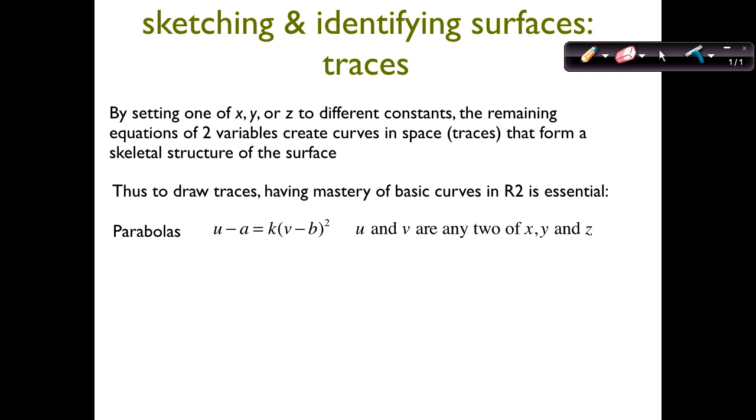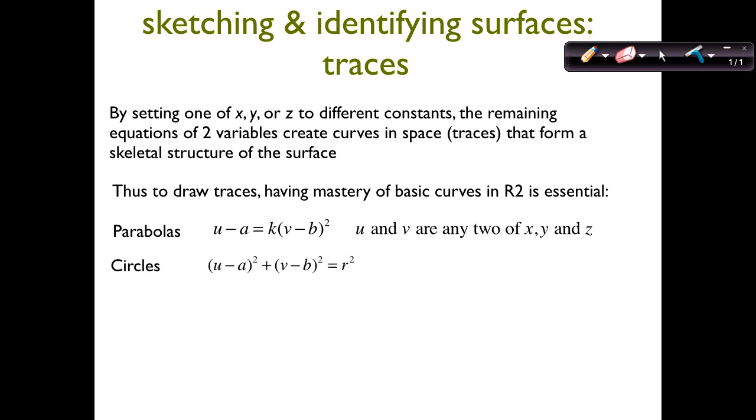Now u and v are any two variables of x, y, and z. I can pick any two of x, y, and z, substitute those in for u and v, and this would be my general form of a parabola. For instance, x minus 1 equals 4 times (y minus 3) squared. That would be a parabola. But then u could be z and v could be y or whatever. So there's my general form of a parabola.